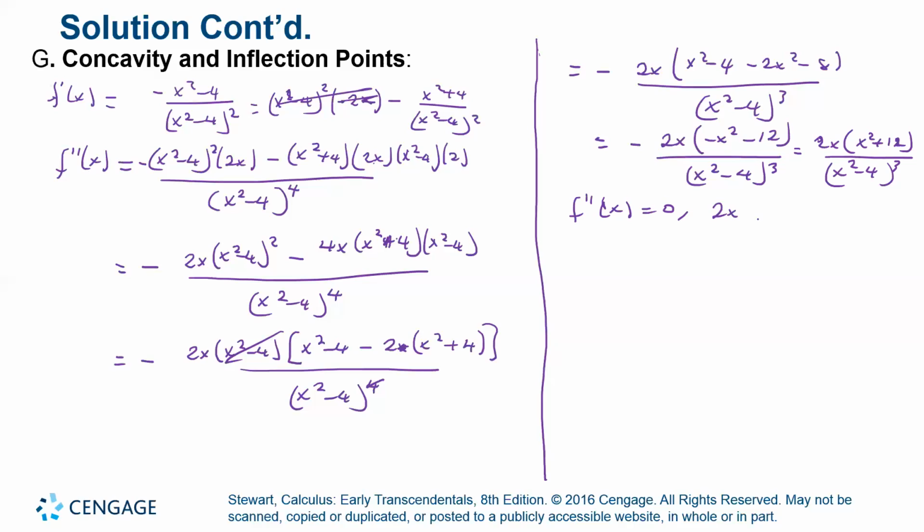We have 2x times x squared plus 12 equal to 0. If that is equal to 0, then we have 2x equal to 0, or x squared plus 12 equal to 0.